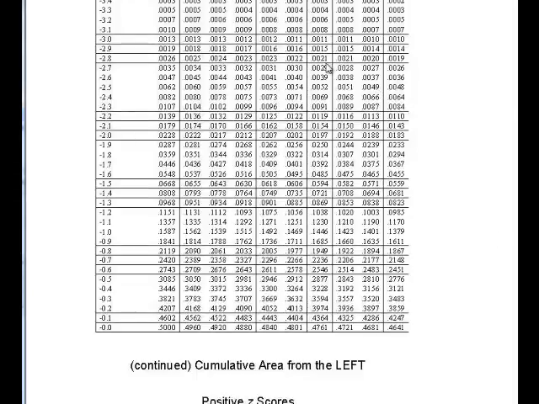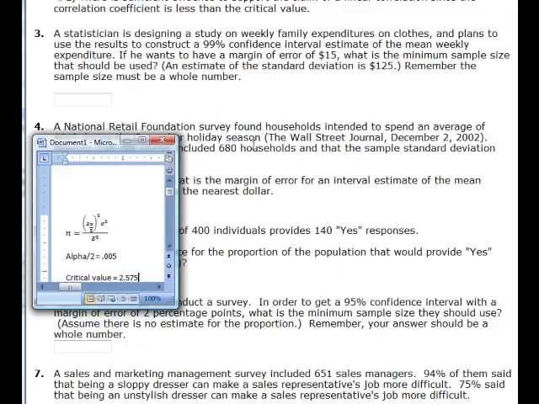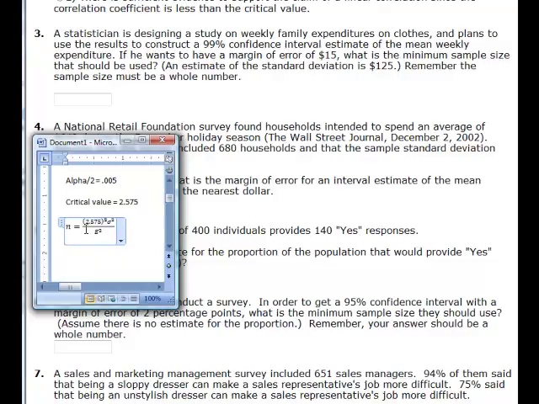And this is negative right here, but remember for critical values we're going to use the positive value. So we can use 2.575 for our critical value, and that means that we're putting in 2.575 here. In place of the sigma, we're using 125, and then in place of the e, we're using 15.